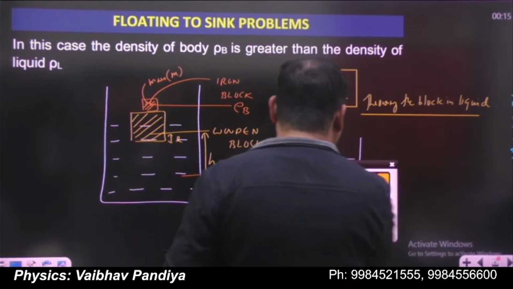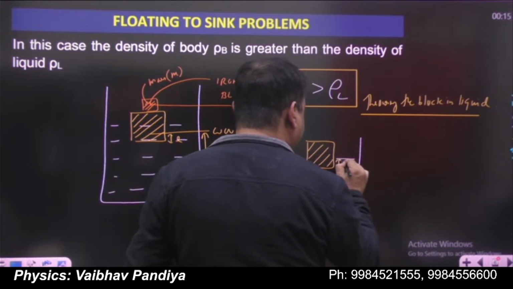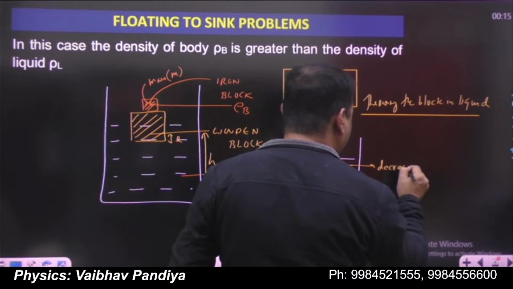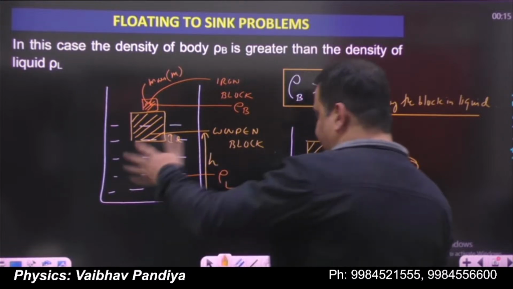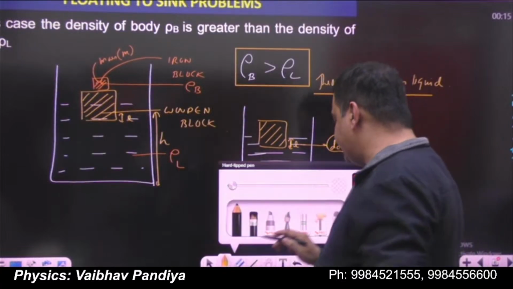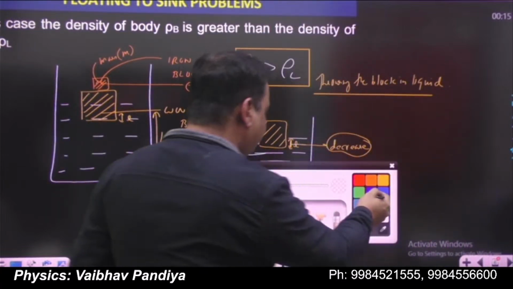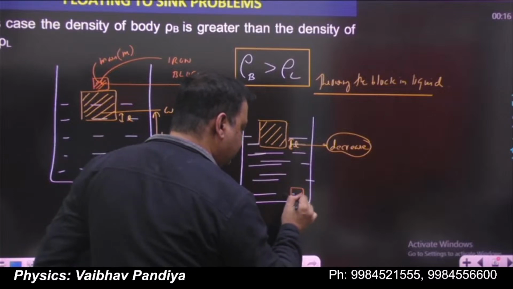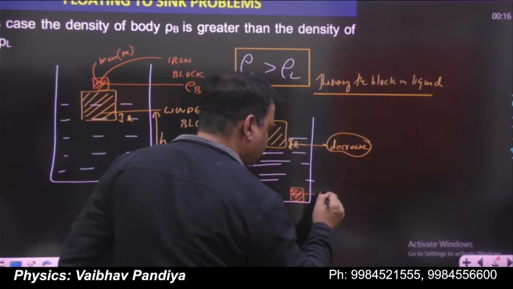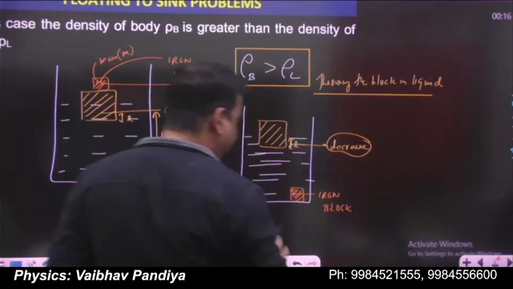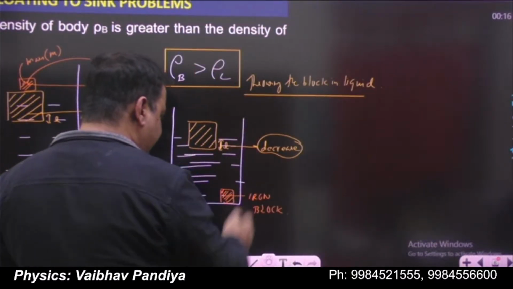So one thing is for sure, this level L will decrease, as we did in the previous problem. Now, since iron has a density greater than water, your iron block will sink in the liquid.